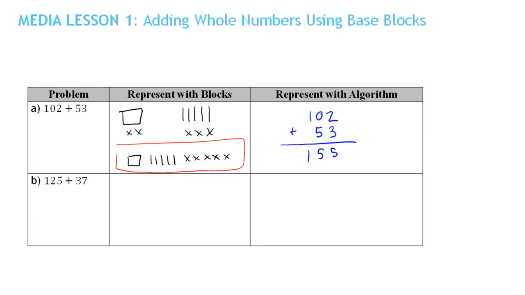So let's write this on paper. We had 125. I'll write the 5 down here, 1, 2, 3, 4, 5. Then we had 37, 3 rods, and 1, 2, 3, 4, 5, 6, 7. Now we regrouped.